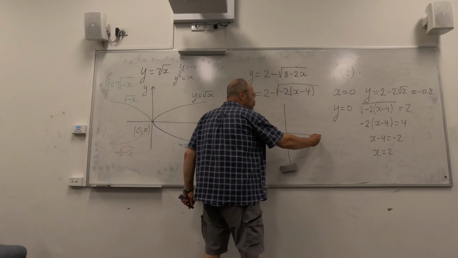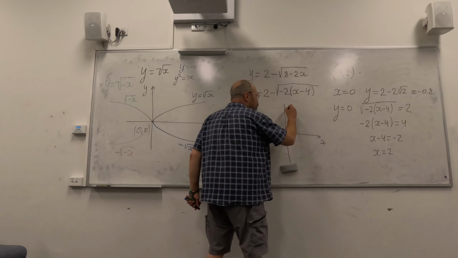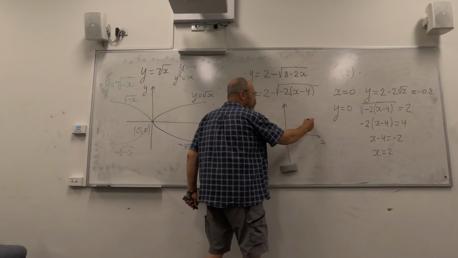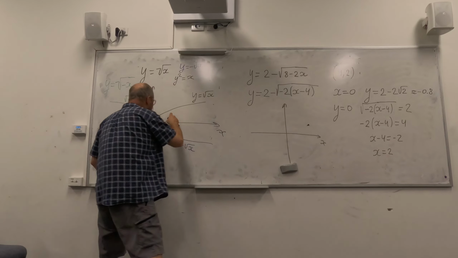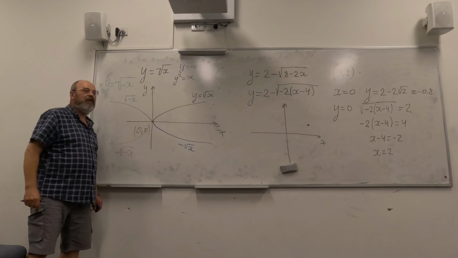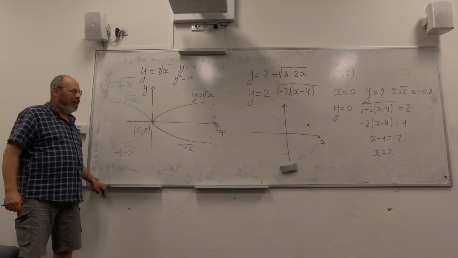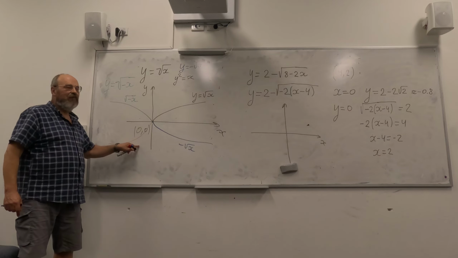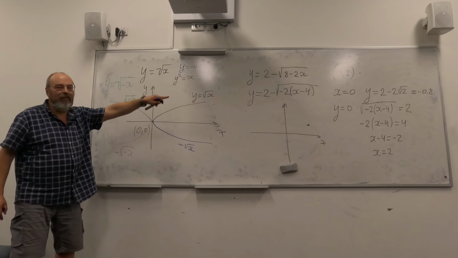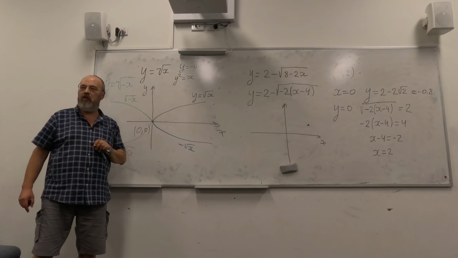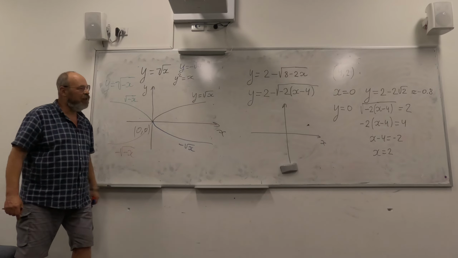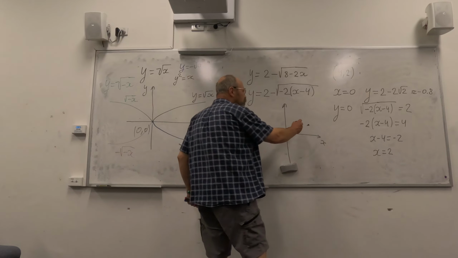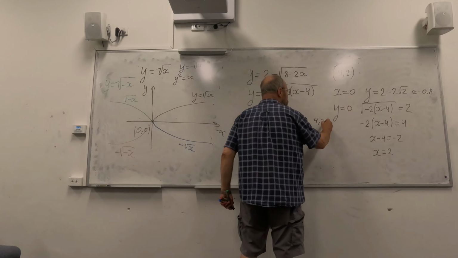Starting point (4, 2). And by the way, out of these 4, which shape will it be? The bottom red one, because we have minus in front of the square root and we have negative x, so it will be this one. So you start here at (4, 2).